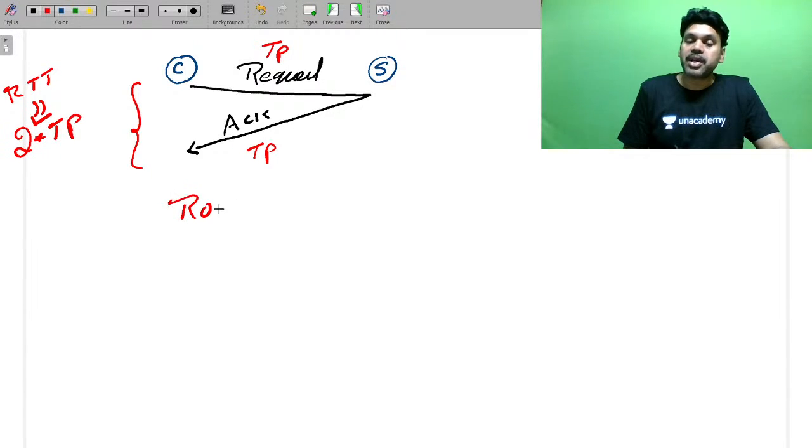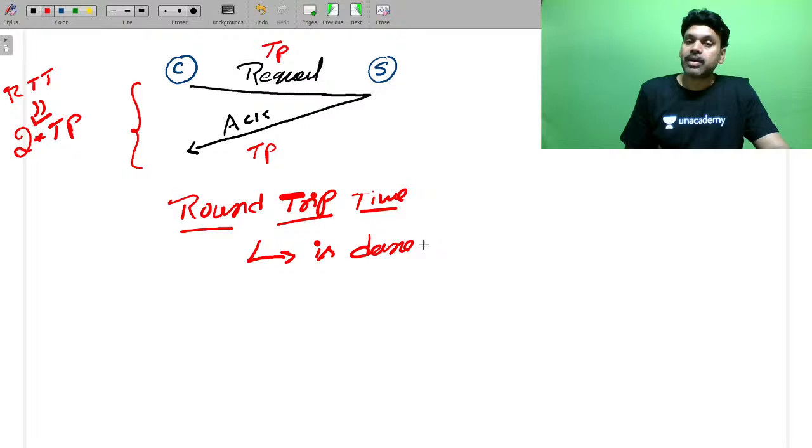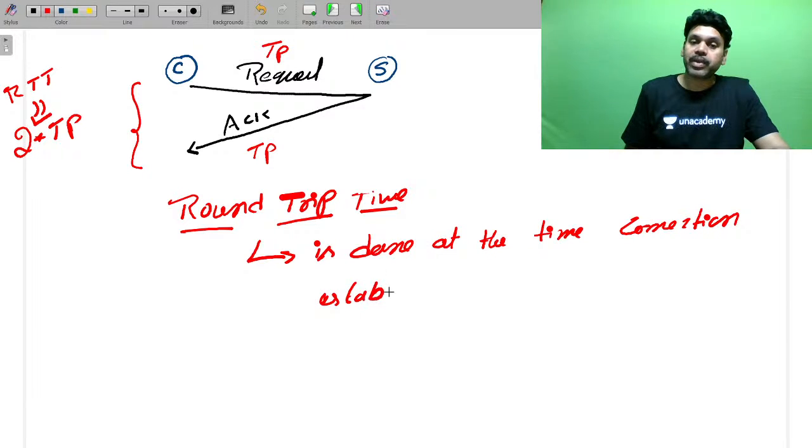So round trip time is calculated initially, before exchanging your data segments, at the time of connection establishment, because in TCP connection establishment is mandatory.